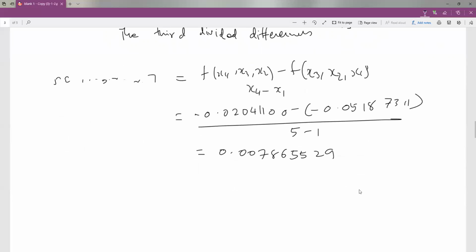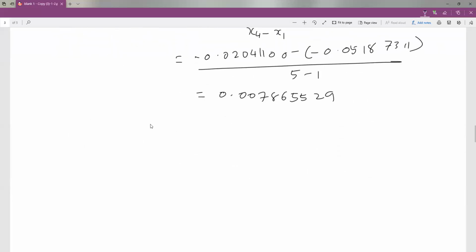So you can make the divided difference table, and finally the interpolating coefficients.